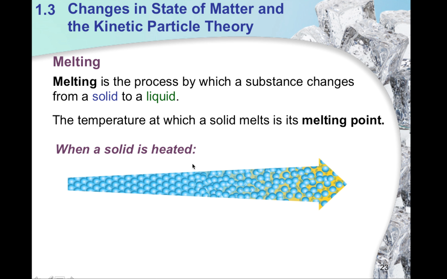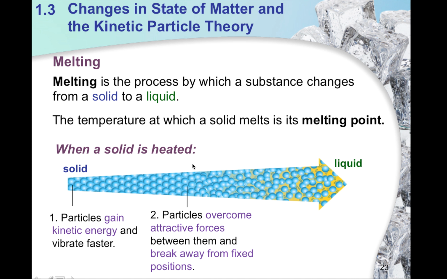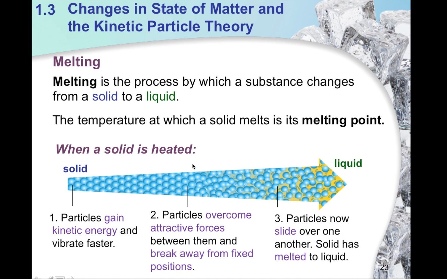Now, melting. This is how you go about explaining your answer when a solid is melted at its melting point. First of all, you have to include that the particles gain sufficient kinetic energy. Now, how do they gain the kinetic energy? It is from heating. So heat energy is converted to kinetic energy in the particles, and this results in the particles vibrating faster.